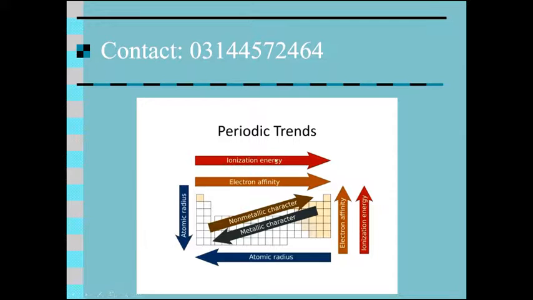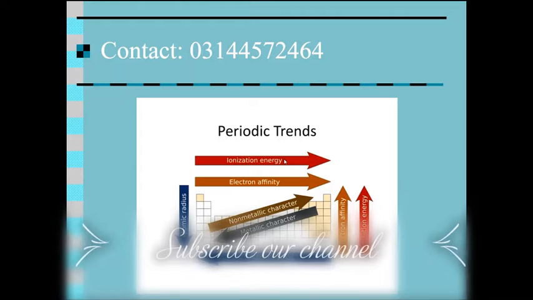So the periodic trends, in conclusion: ionization energy and electron affinity increase across a period because atomic radius decreases across a period.